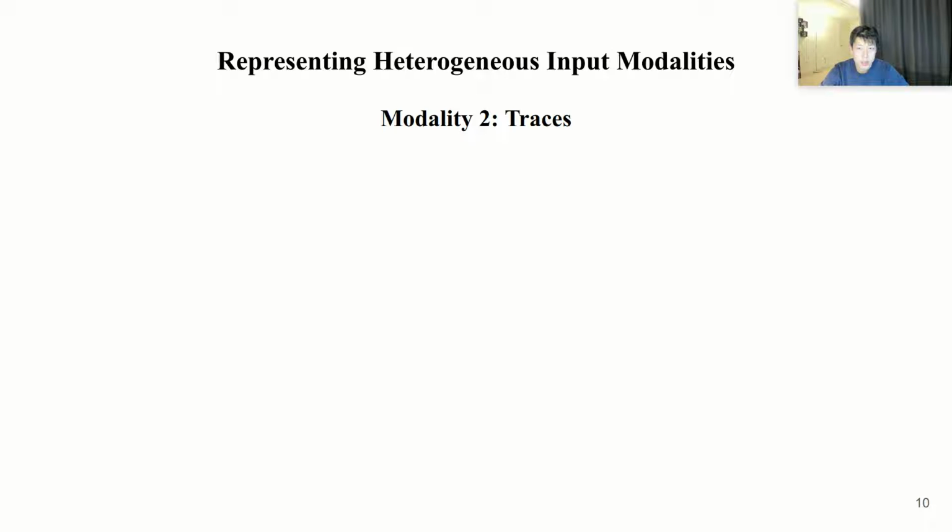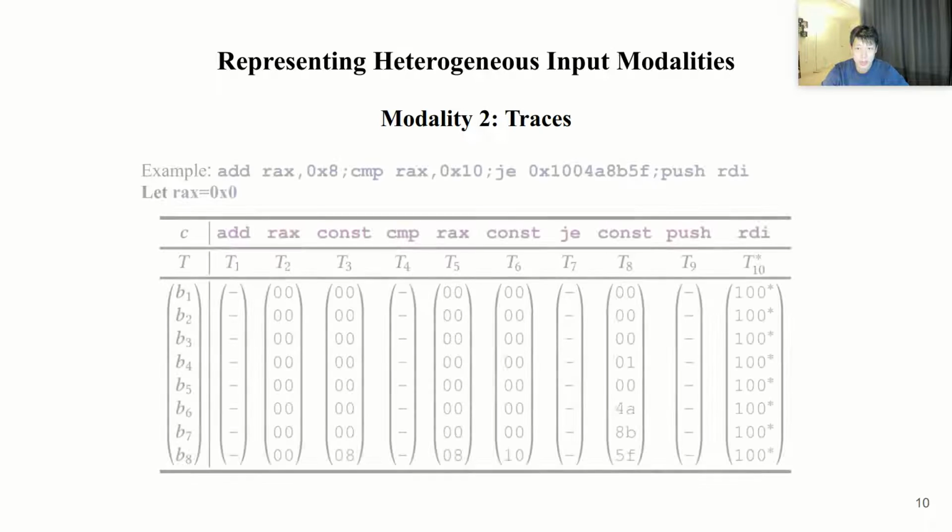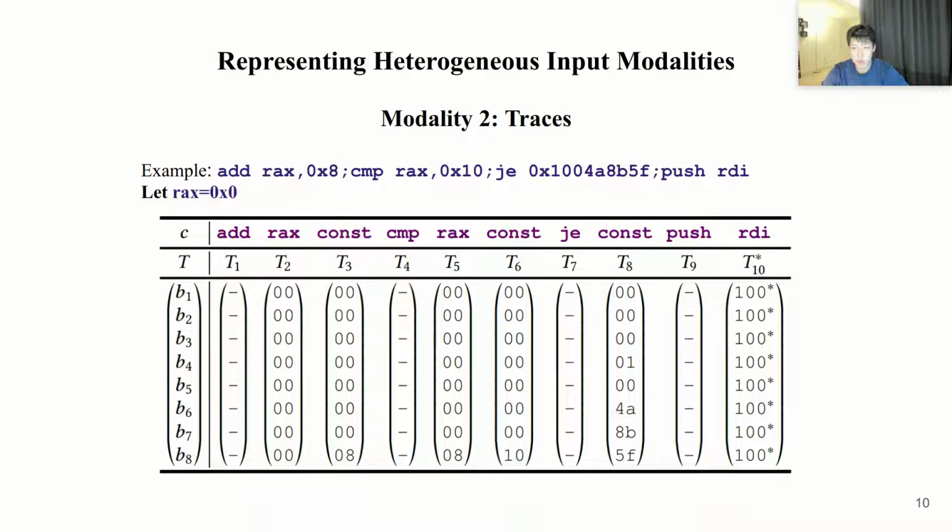To encode execution traces, which is our second modality, we follow existing work by treating each numeric as a fixed length 8 bytes sequence. Consider the following example of instructions where their execution traces represent the state values of each token during execution, and assume we start from RAX equal to 0. For tokens without any value like add, we use 8 dummy tokens.